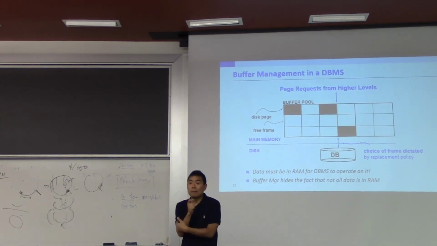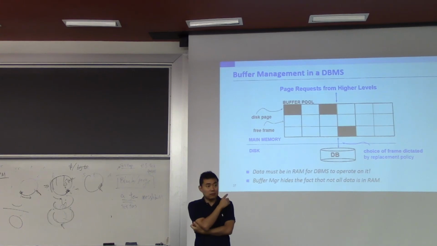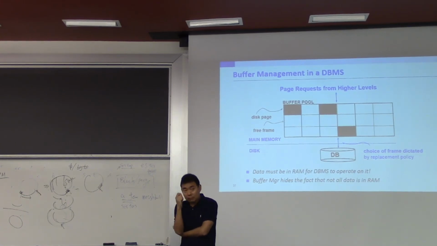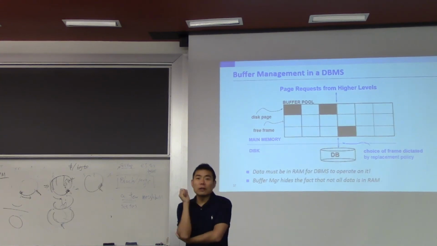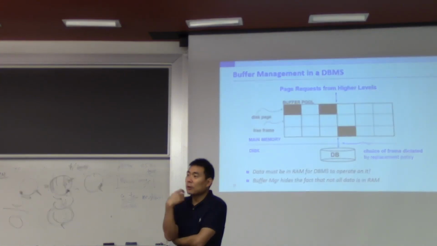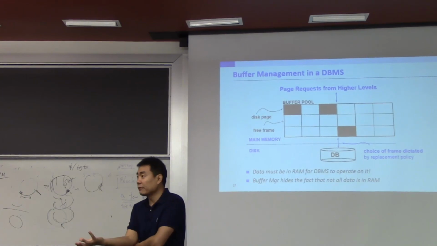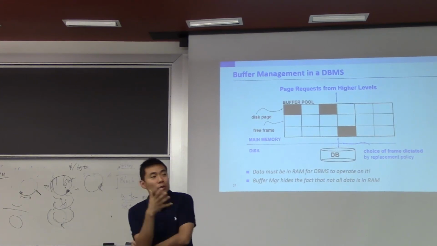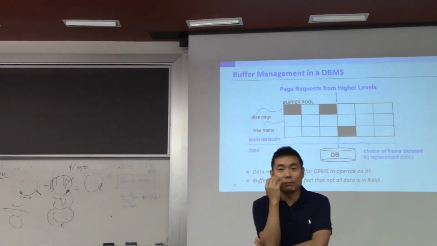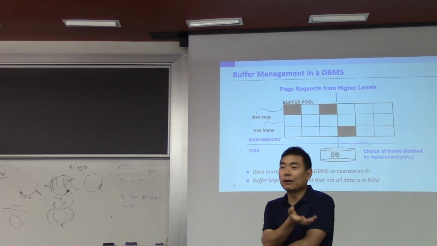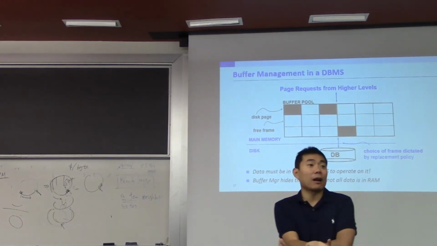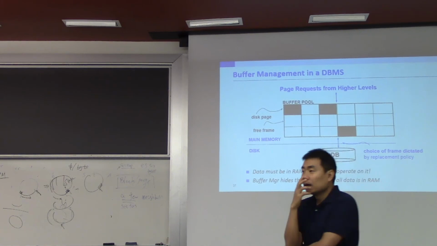And that data transfer can be costly, as we see from that simple experiment I demonstrated, especially if you're doing random access. So what you want to do is minimize the number of times you visit your disk. The ideal situation is whenever you want to access some data, that data is magically already available in main memory. So you never have to visit the disk at all.